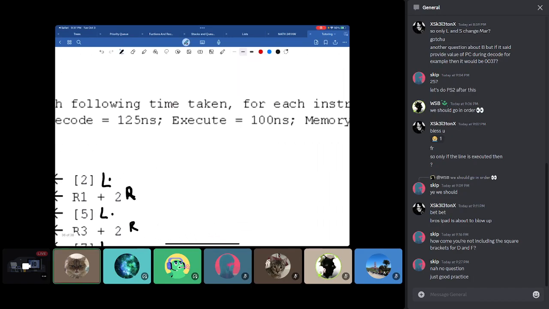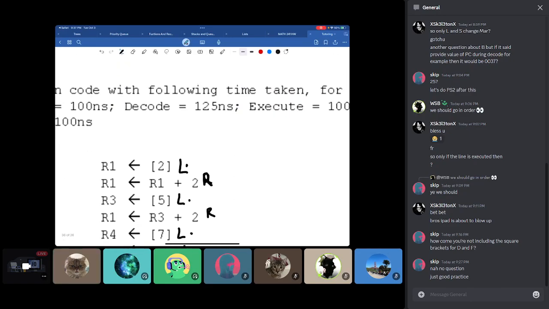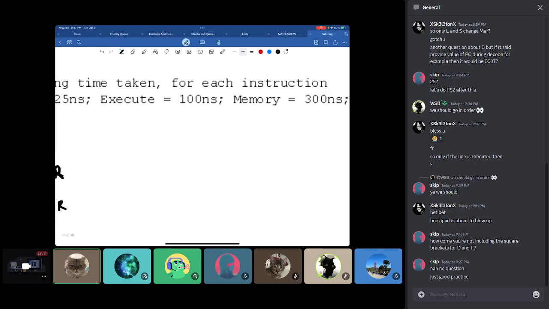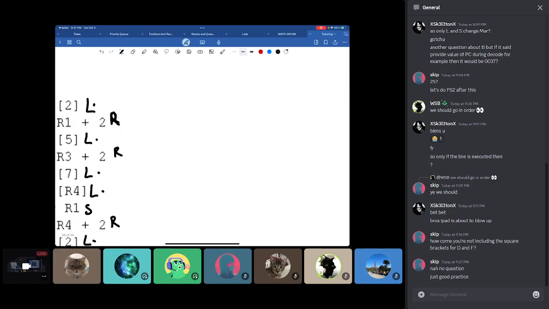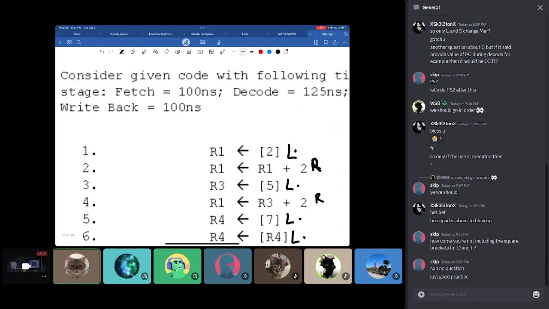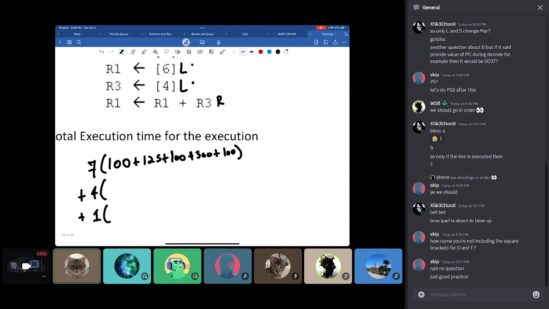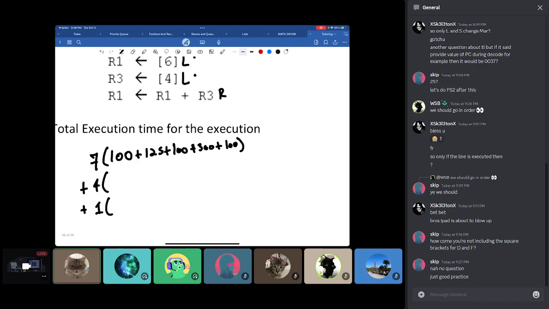Exec is 100. Mem is 300. And write back is 100. Okay, so this is for load.